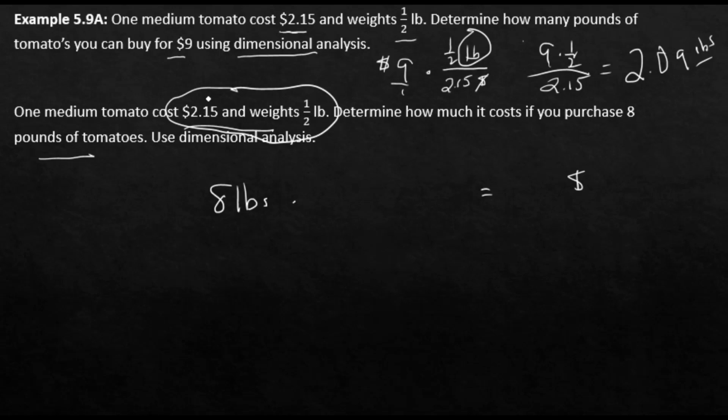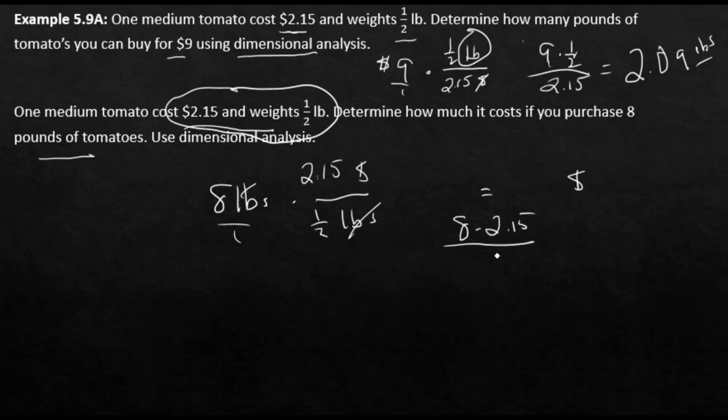So I can go 2.15 over 1/2 or 1/2 over 2.15. And hopefully you realize you have pounds here in the numerator. So you want to get rid of it. They cancel, and you want dollars up here. So it's 2.15 divided by 1/2. So on your calculator, you would go 8 times 2.15.